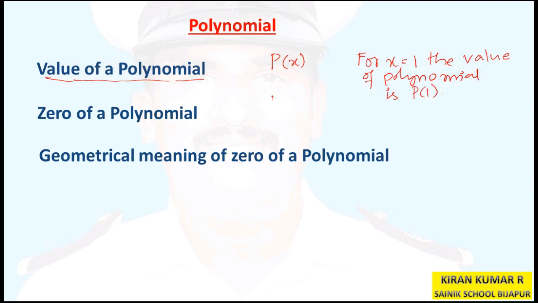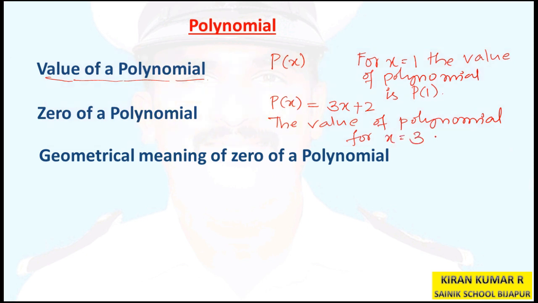Say for example, if p of x is equal to 3x plus 2, the value of polynomial for x is equal to 3 will be p of 3, that is 3 times of 3 plus 2. It becomes 11. 11 is the value of the polynomial.